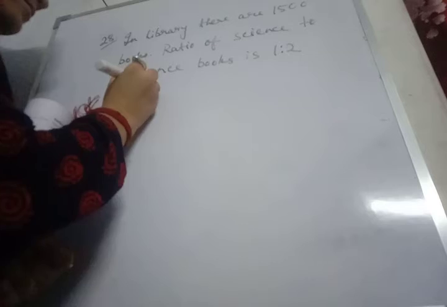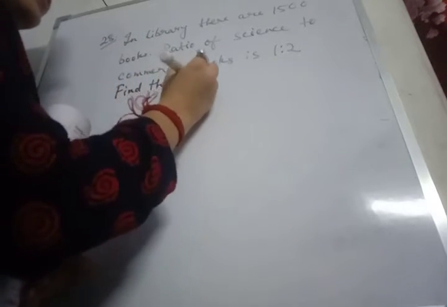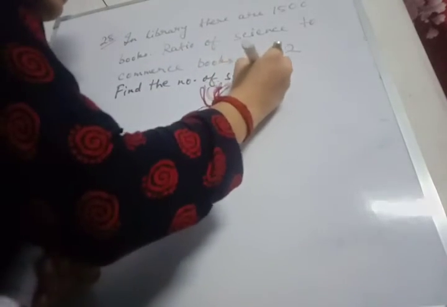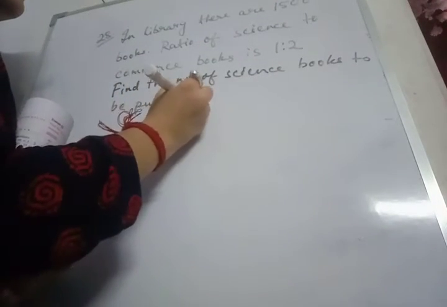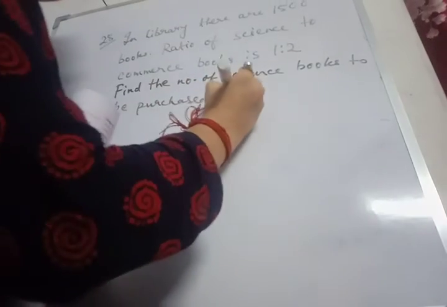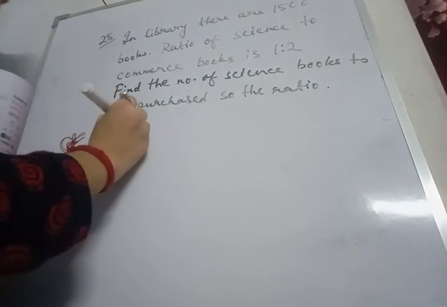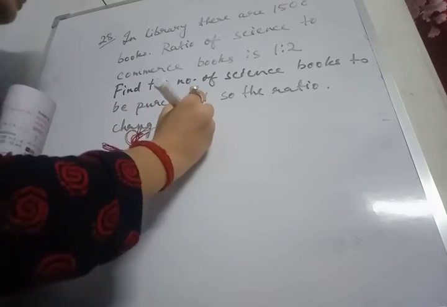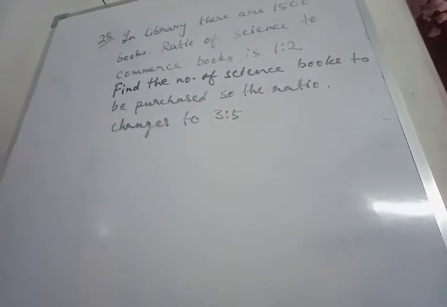Then find the number of science books to be purchased so the ratio changes to 3 is to 5. This is my question.